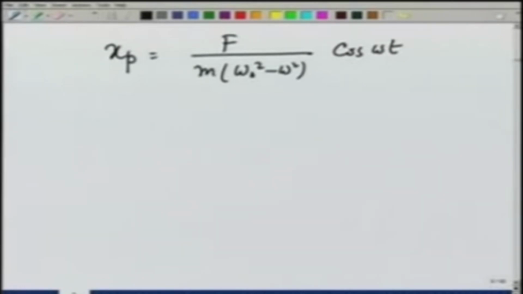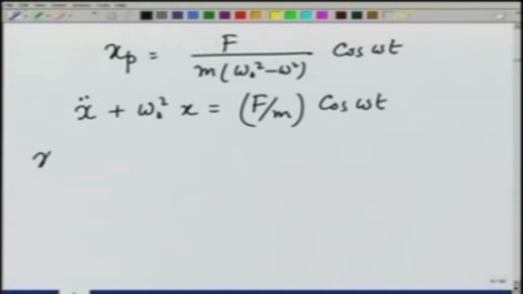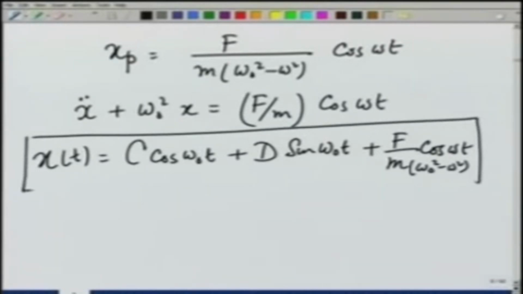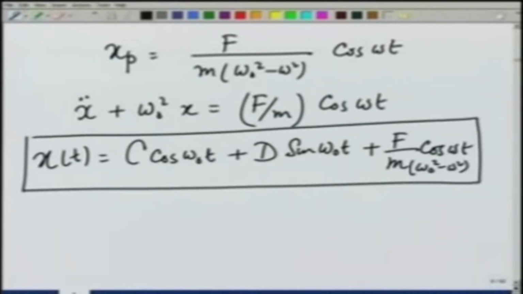The complete solution of this equation x double dot plus omega 0 square x is equal to F over m cosine of omega t is x of t is equal to C cosine of omega 0 t plus D sine of omega 0 t plus F over m times omega 0 square minus omega square, cosine of omega t. I have given you the full solution of a free oscillator subjected to an oscillating force. Coefficients C and D obviously depend on the initial conditions.